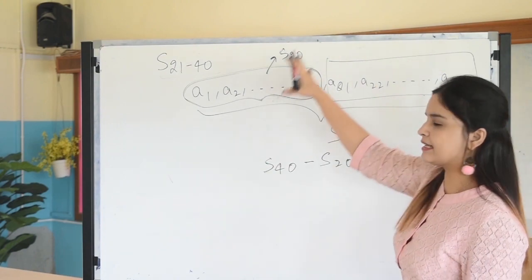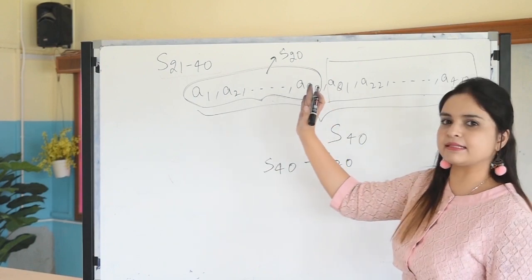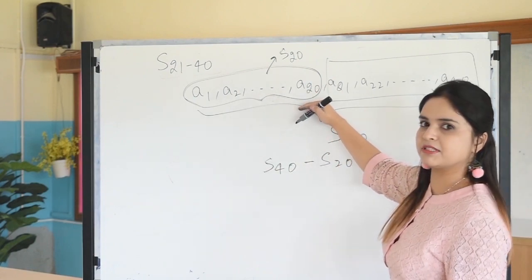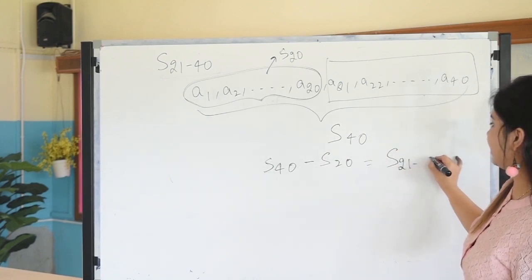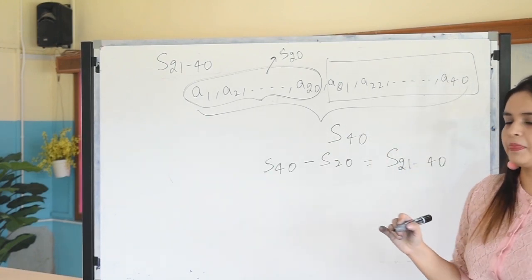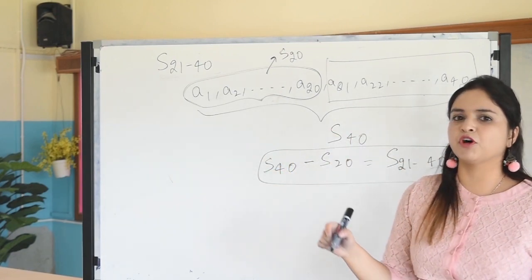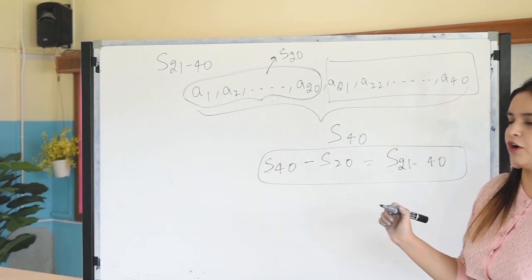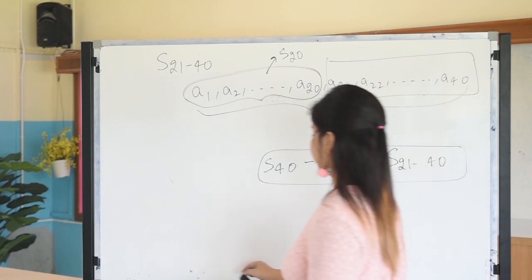So if I find the sum of the first 40 terms and subtract the sum of the first 20 terms, I will get the sum of the terms from 21 to 40. So we can use this logic and the same formula to find the sum of the 21st term to the 40th term. Let's try.